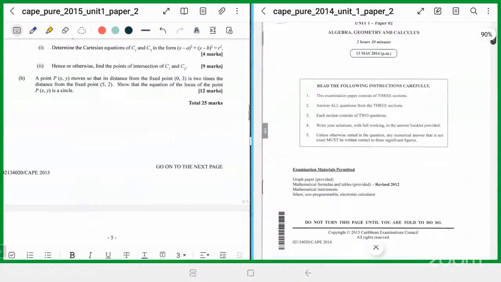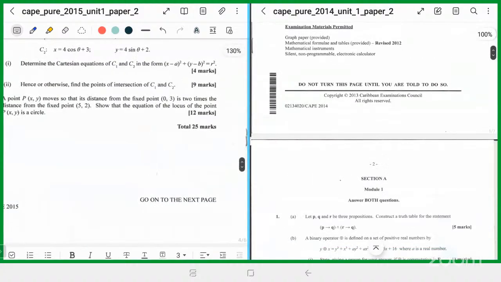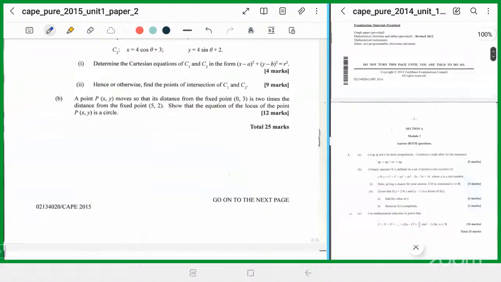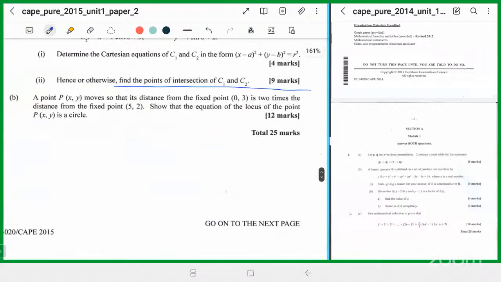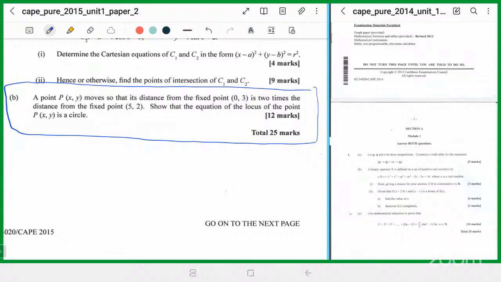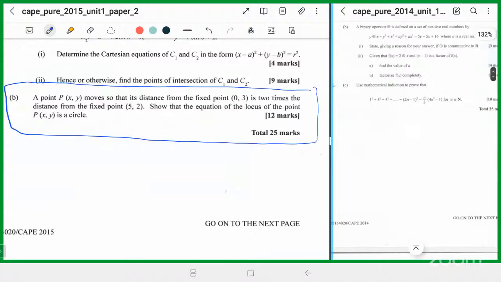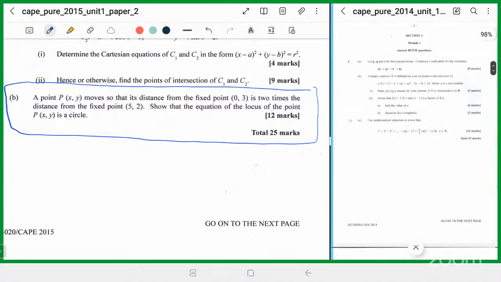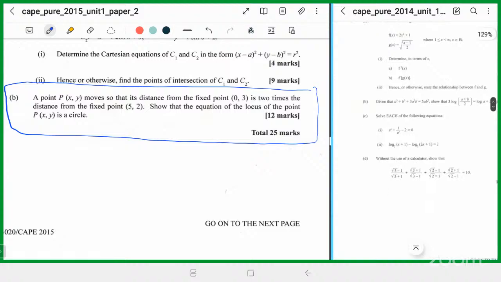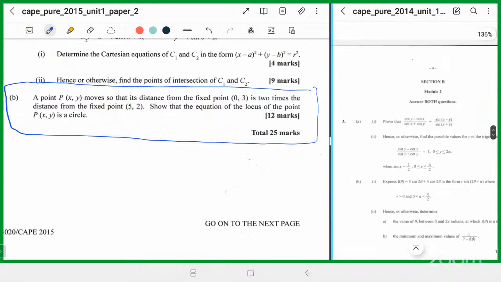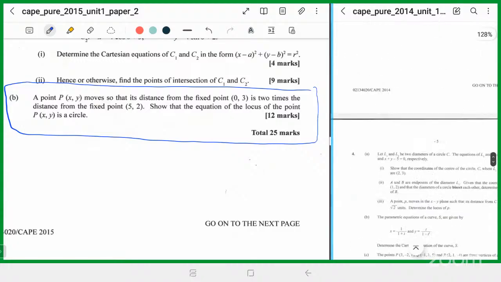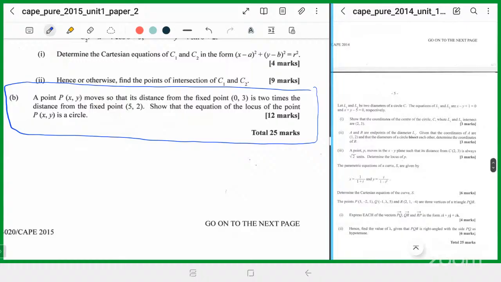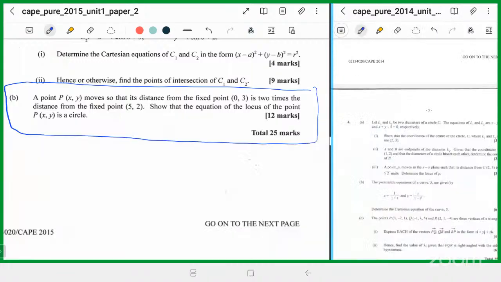This is one on 2014. So you can do them two years.